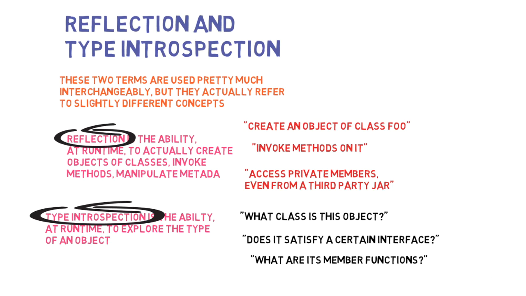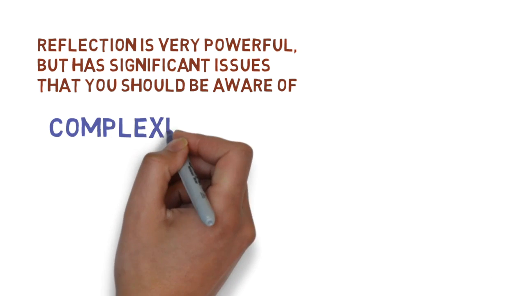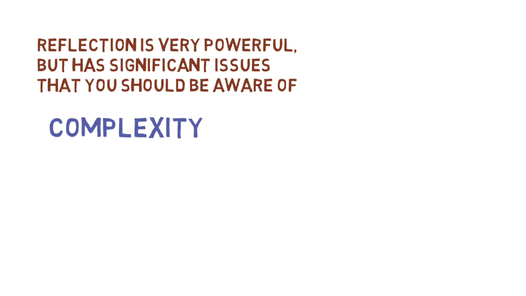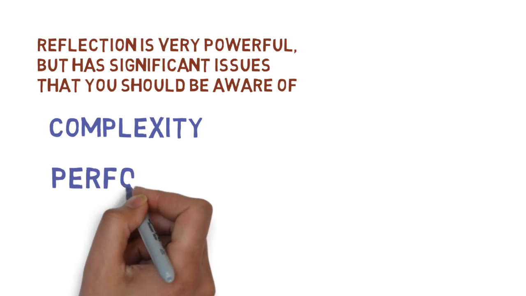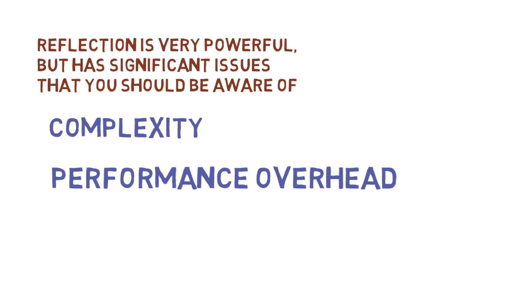Now, the whole bunch of capabilities that reflection and type introspection offered us, as you saw on the previous screen, would make you wonder what the drawbacks are. And it turns out reflection does have some significant drawbacks. Here are some of these on the screen before you. Complexity. Reflection is very complex and using it is not trivial. Performance overhead.